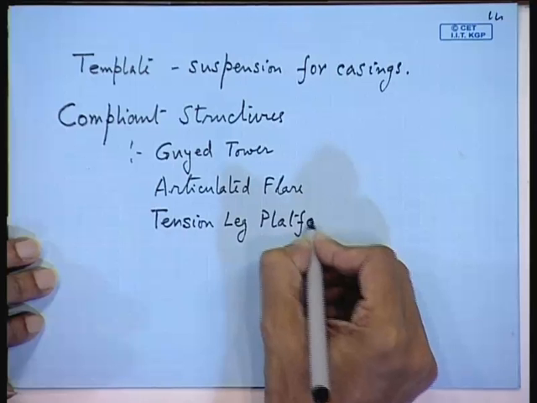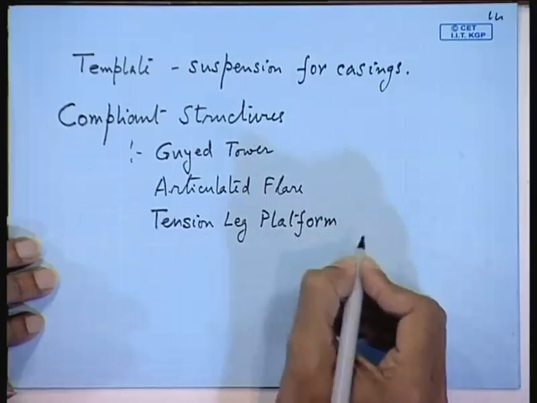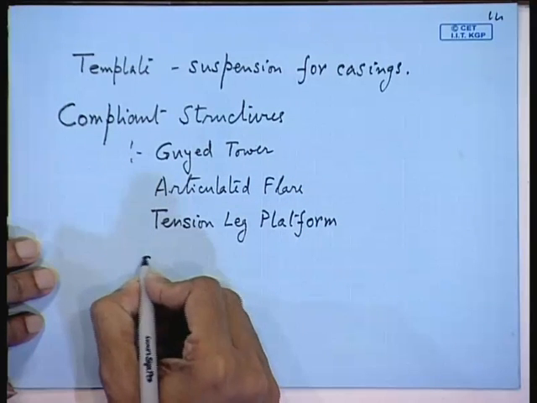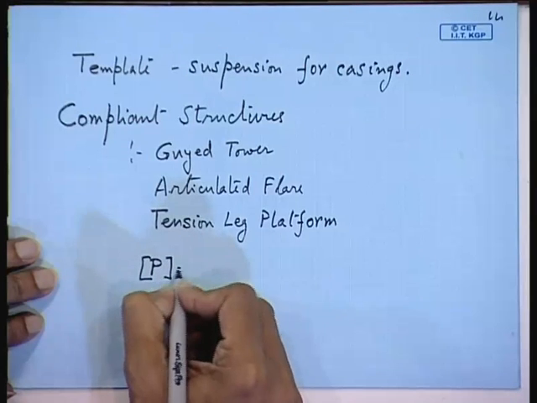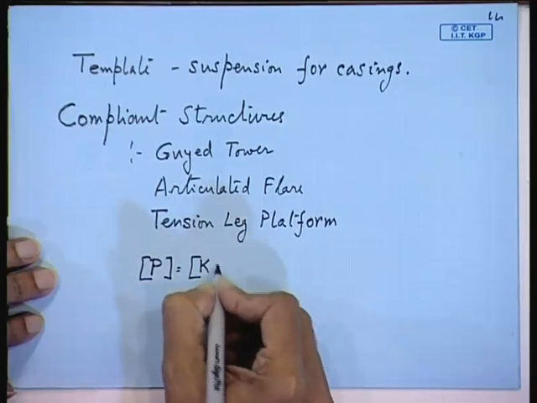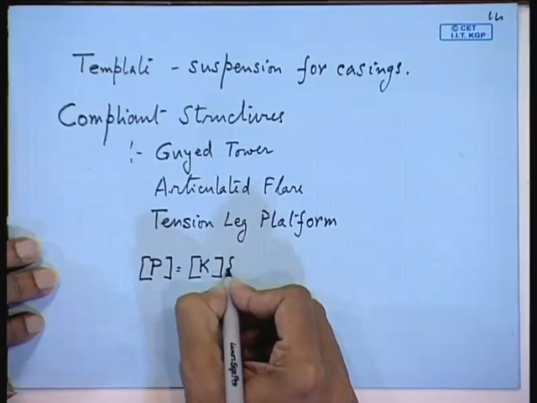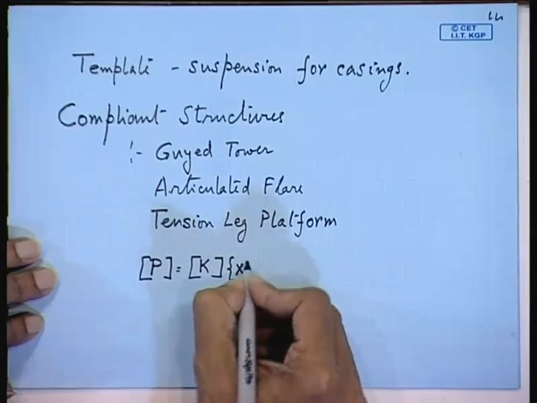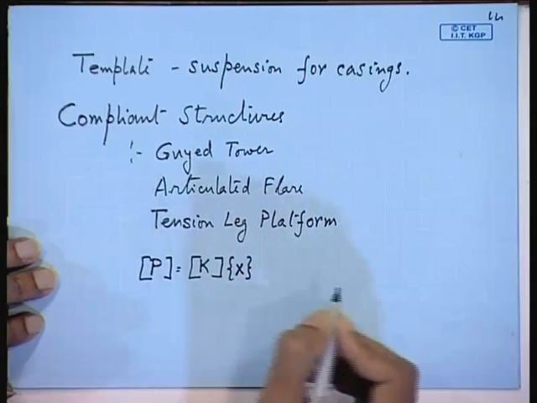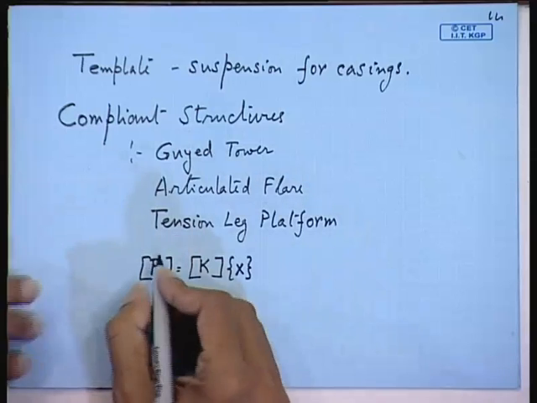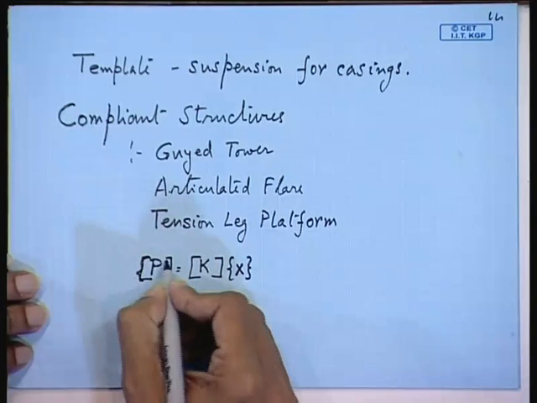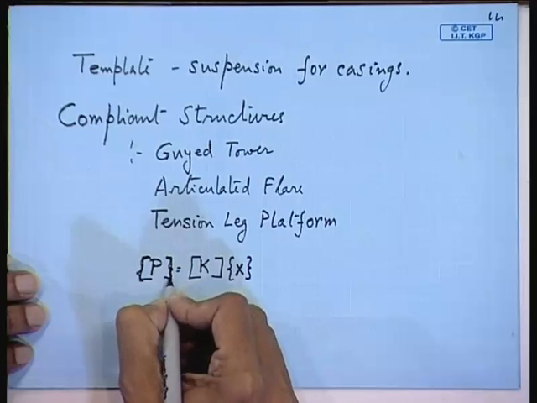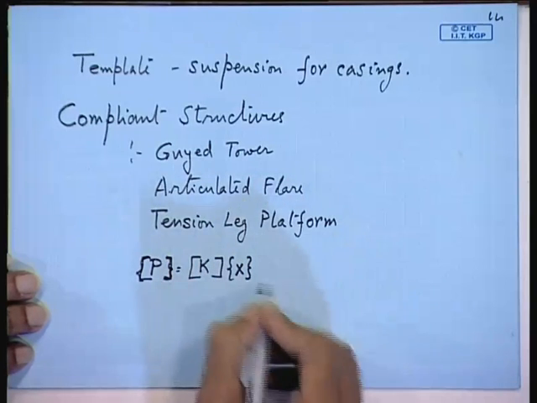Now, the reason why you go for this is this equation. Now, in structure analysis you come across this, or sometimes I think more appropriately you make this a vector. K is your stiffness matrix.